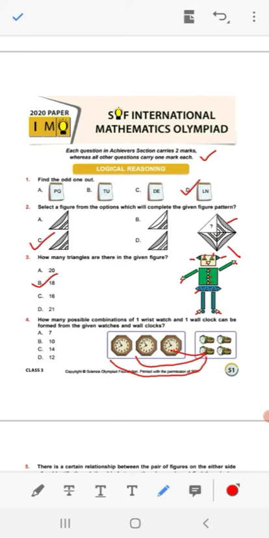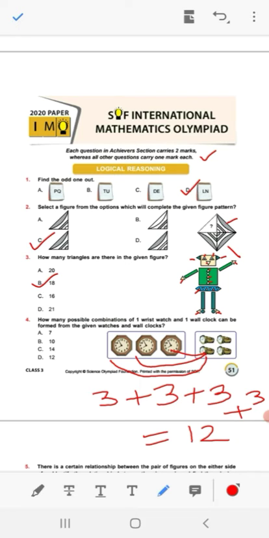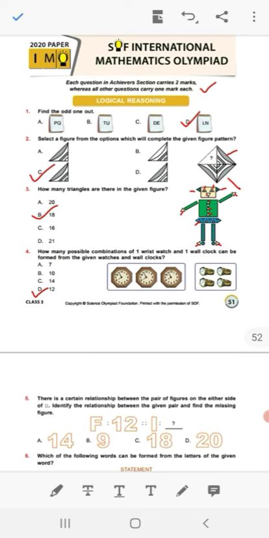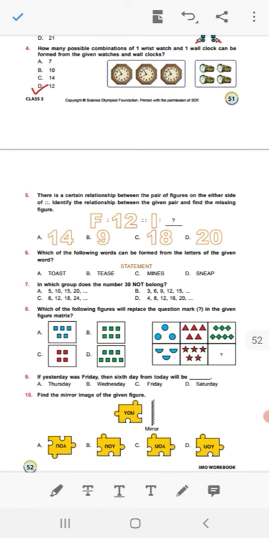For one wristwatch we are getting 3 combinations. Similarly, for the second wristwatch we get 3 more combinations. For the third one we get again 3, and the fourth one 3 more. So in total we are getting 12 combinations. So here option D is correct. Let us pass to question number 5.